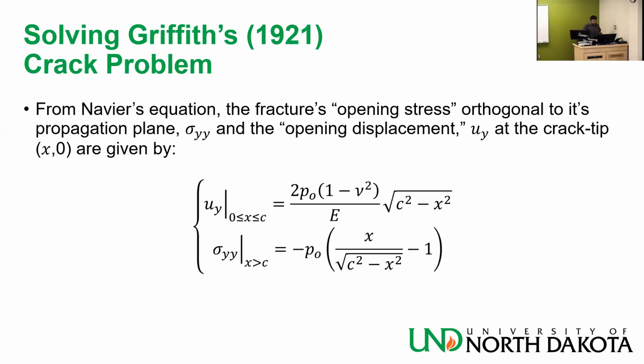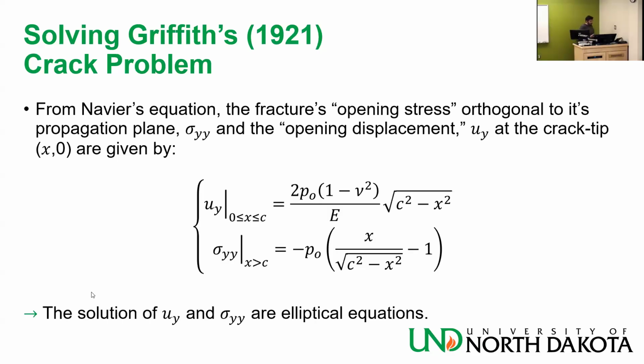And then this is basically after long derivations that Griffith arrived at these solutions. I'm throwing them to you like that, but there is a lot of derivation behind it that you can find by going through Griffith's paper, which is actually going to be very interesting. The solutions for uy and sigma yy are elliptical equations.